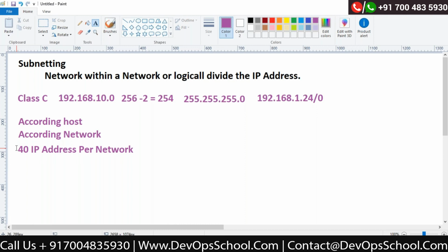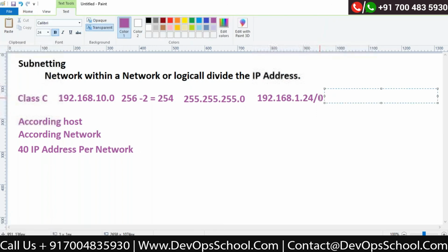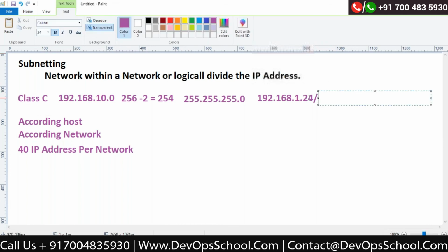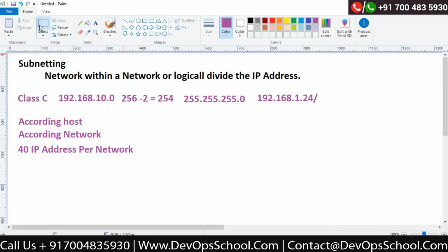Now how are we going to do this? Correct? Now you can imagine how many bits are assigned over here. No, sorry, it's not 0, it's 24. Okay, by mistake it happened. It is /24. This is something mismatched. Okay, we will retype it.